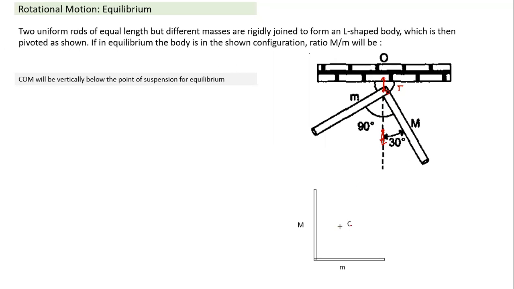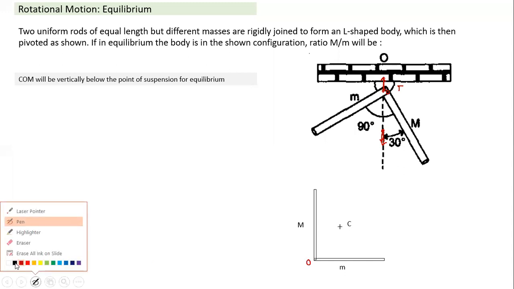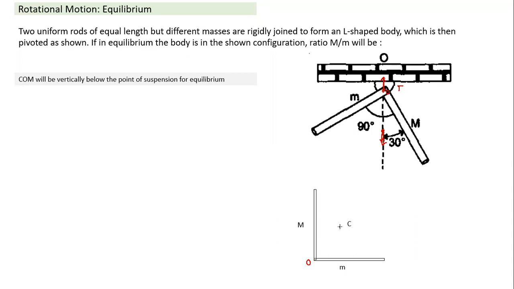What is the information given here? This was the point of suspension. As per the information given in the question, if I connect this line to the center of mass, this COM makes an angle of 30 degrees. That's the question.